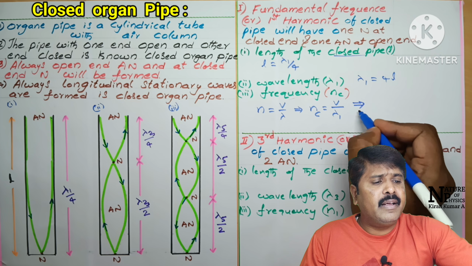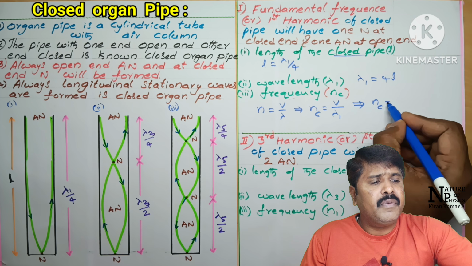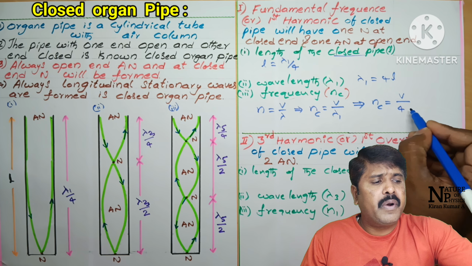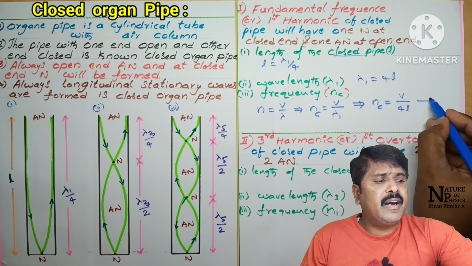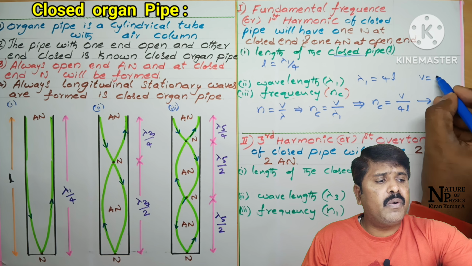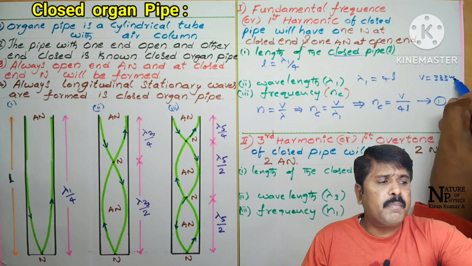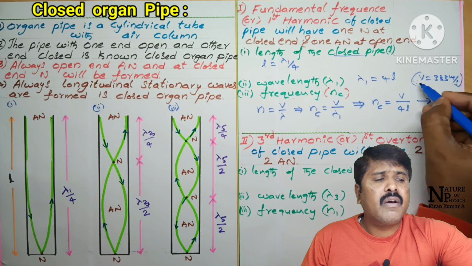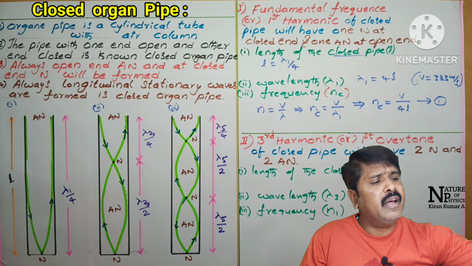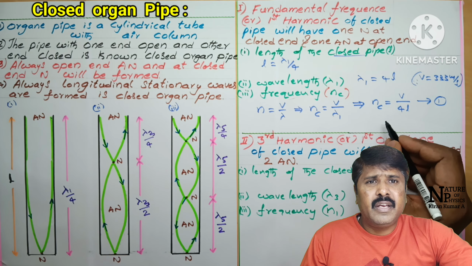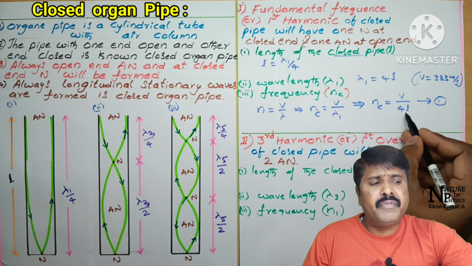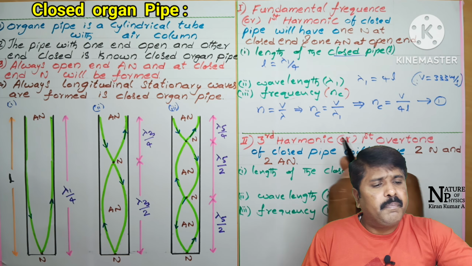So Nc is equal to v divided by lambda 1, which is v divided by 4L. This is equation number 1. Here v represents the velocity of sound, 333 meters per second, which remains constant. Nc represents the fundamental frequency or first harmonic of the closed organ pipe.